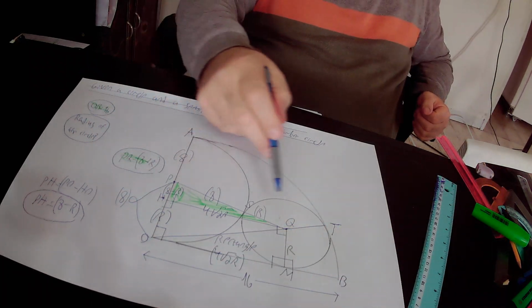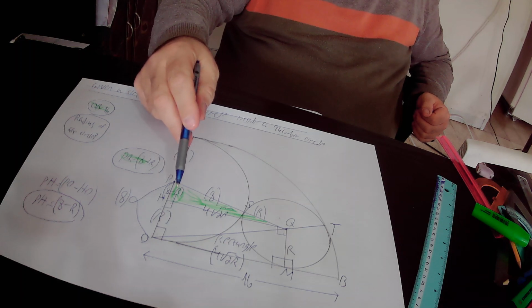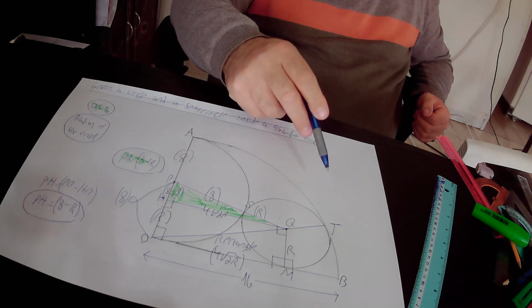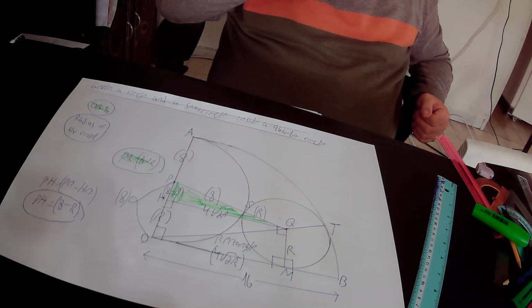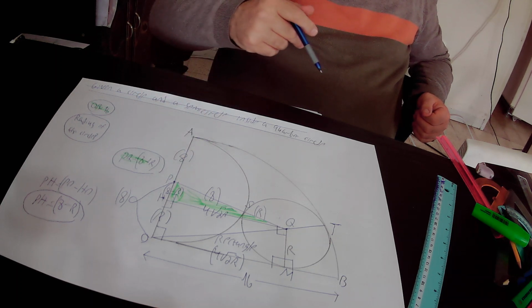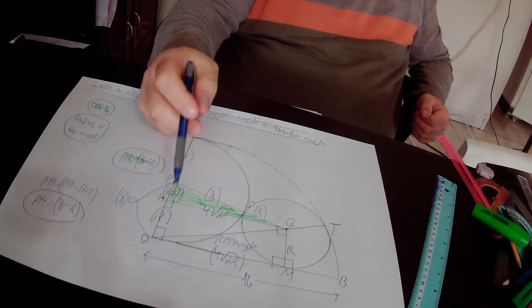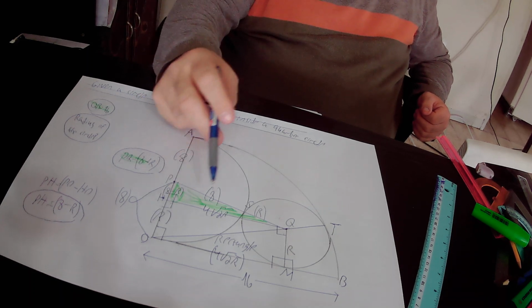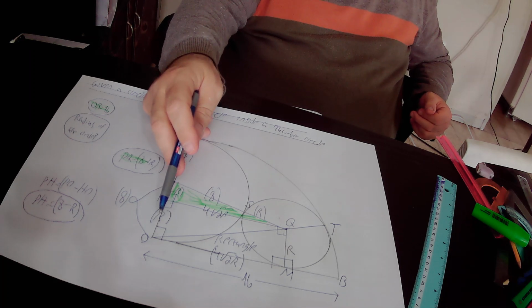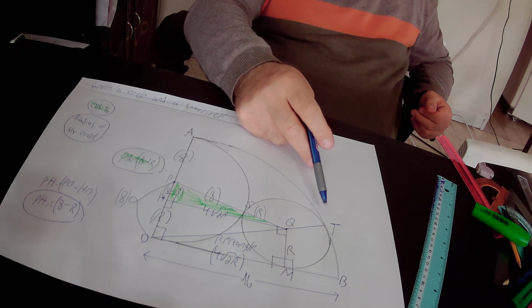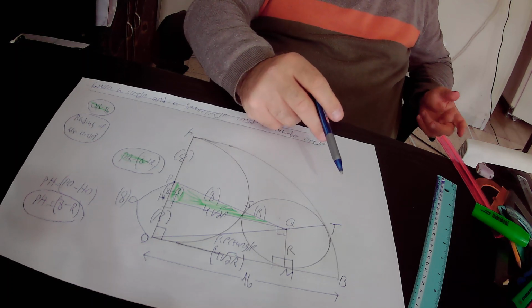You see here, OQT is one straight line, or points O, Q, and T, they are all located on the same straight line. But what is actually the definition of the straight line OT? Actually, the straight line OT starts from point O, that is the center of the quarter circle, and ends at point T, that is a point on the quarter circle itself.